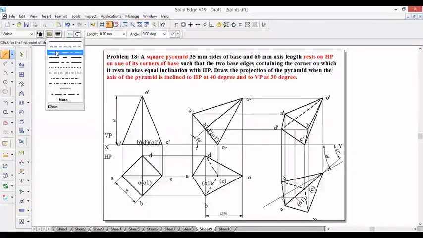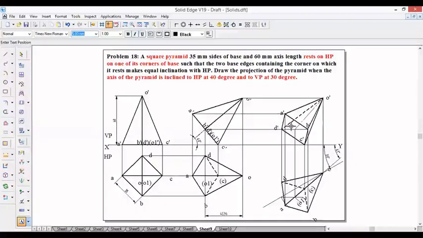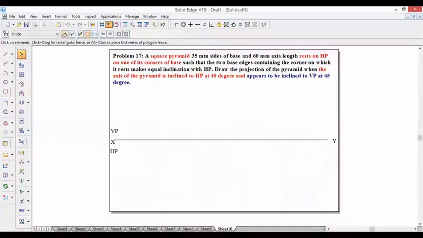So let us go for the axis line from here to O, and this gives O1 dash. So O1 dash is visible. So this is the solution for problem number 18, axis inclined to both HP and VP. We move on to problem number 17.